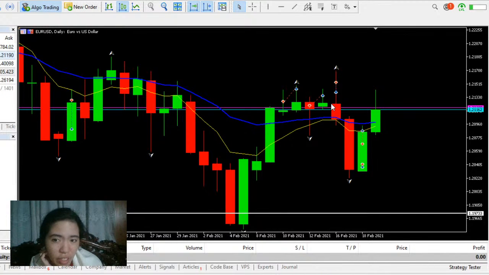Or it's just a retrace. But for now, be careful of trading this one, especially if the bars aren't showing a strong price action, enough for me to place a trade. I'm still gonna watch this out.